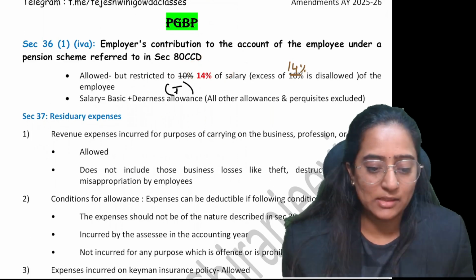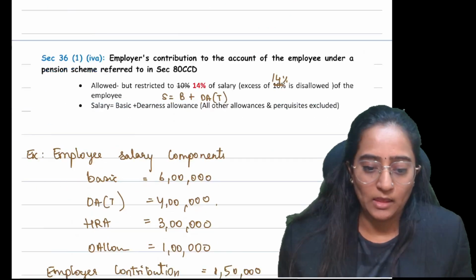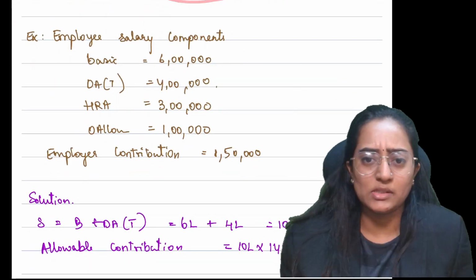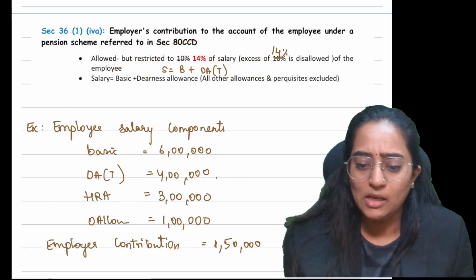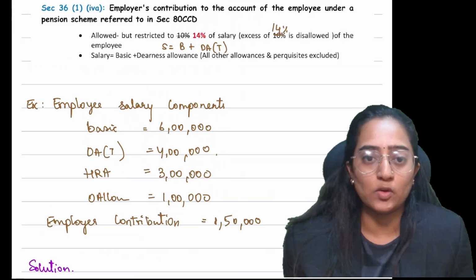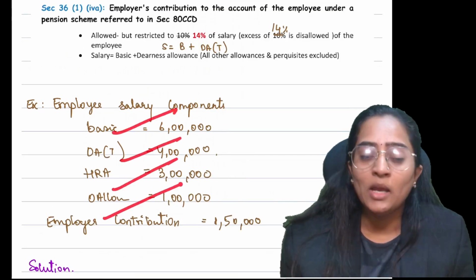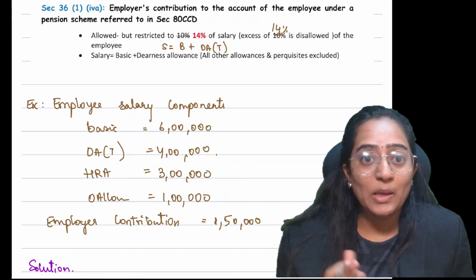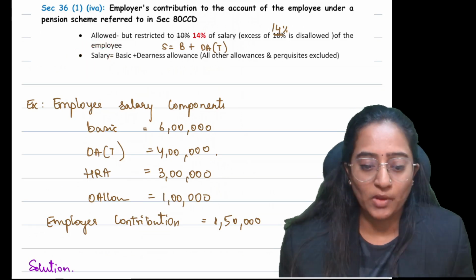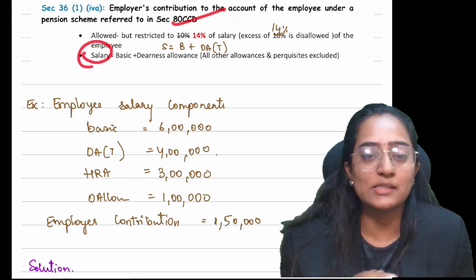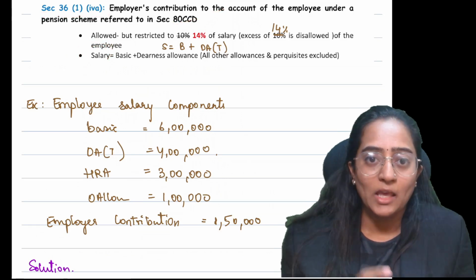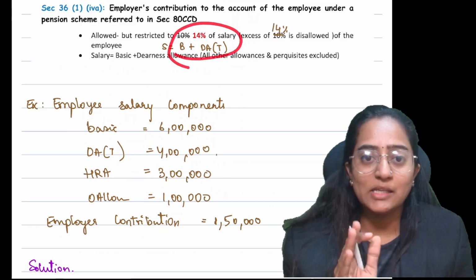Let's try to understand this concept with an example. Let's consider the salary for the employee. Salary components include basic plus DA plus HRA and other allowances. But for the purpose of section 36(1) clause (iva), salary includes only basic plus DA in terms.